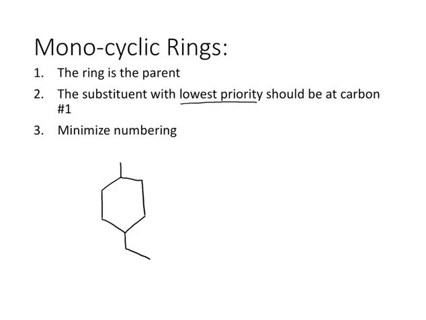All this means is we're going to alphabetize the substituents, and whichever substituent comes first has lowest priority, so that will be at carbon number 1. For instance, in the molecule down below, we have a methyl substituent and an ethyl substituent. Ethyl starts with E, methyl starts with M, so we would number the ring starting at ethyl because it comes first in the alphabet.